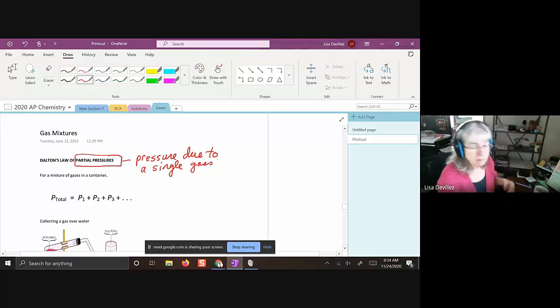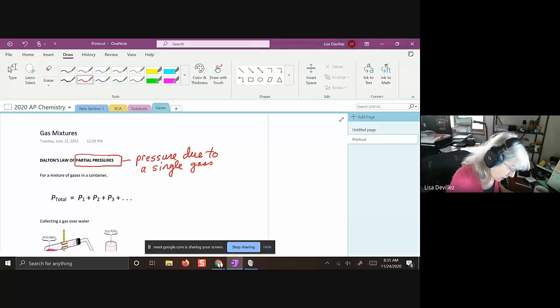So if I have a mixture of oxygen and nitrogen, the partial pressure of the oxygen would be the pressure that is just due to the oxygen molecules' collisions with the wall of the container. It's going to be a fraction of the total, relative to the fraction of the molecules of oxygen to the molecules of the nitrogen in the mixture.